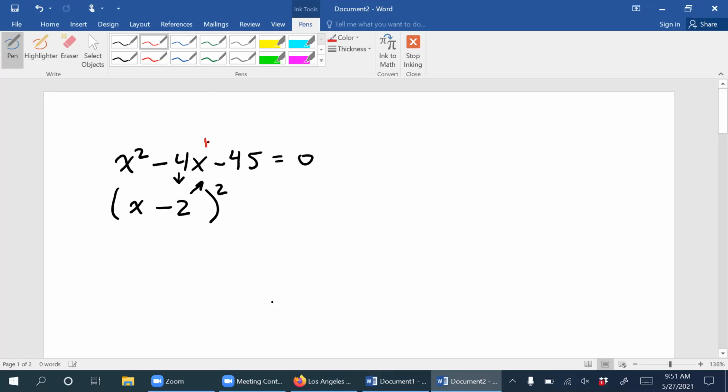If I plus 4, I need minus 4. And then we combine these down, leading us to negative 49 equals 0. Okay, so completing the square took us 1 step. If it's a level 1 problem, we can easily complete the square in 1 step.